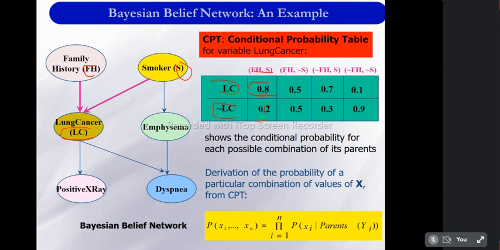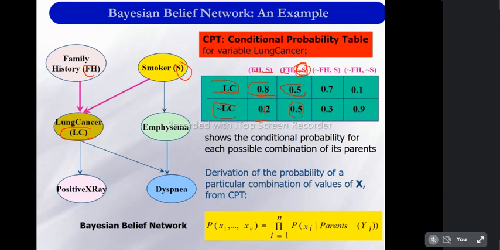For the family history with no smoking history but with lung cancer, it is 50% having lung cancer and 50% not having lung cancer.